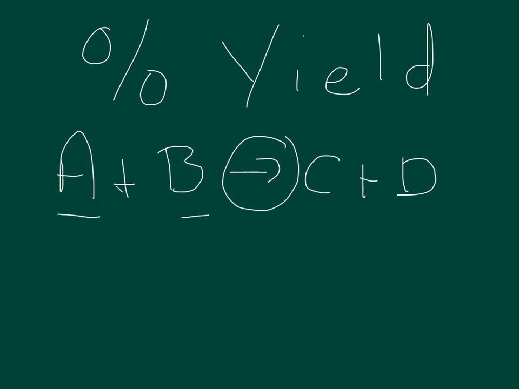Most reactions, under the right conditions, go so far to the right and produce so much product that for all intents and purposes we can say that they go to completion. But they really don't. Usually, they're at least about 90% efficient or better. So in other words, they will produce 90% out of 100% of the possible product that can be formed.